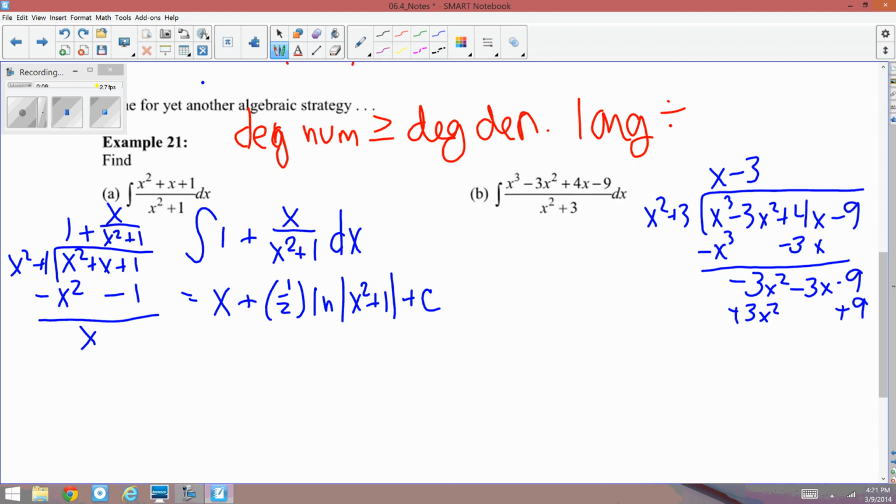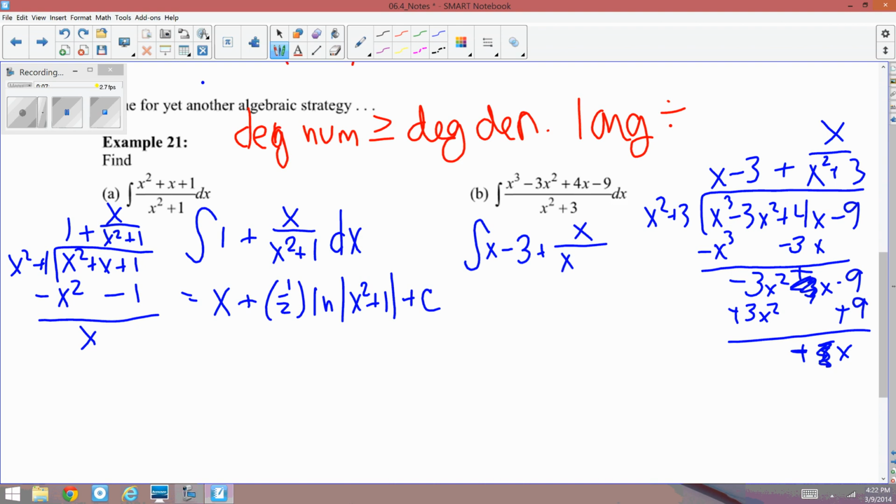Change our signs, and I get negative 3. Oh, I can't add. 4 minus 3, that's just 3, isn't it? Plus x plus x. Glad I caught that. So then we get plus x over x squared plus 3. Alright, I can rewrite that integral now as x minus 3 plus x over x squared plus 3 dx.